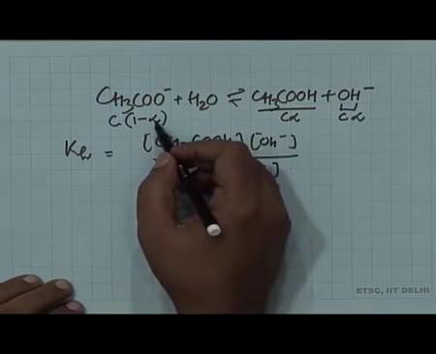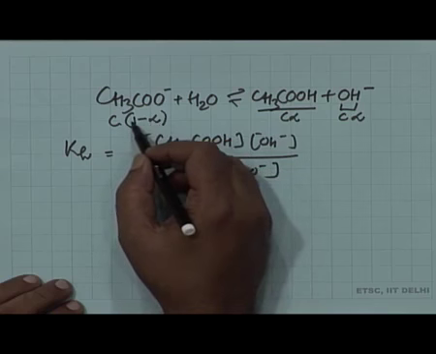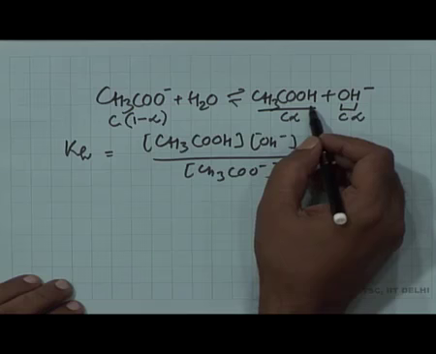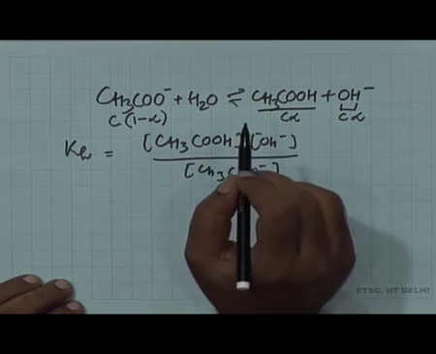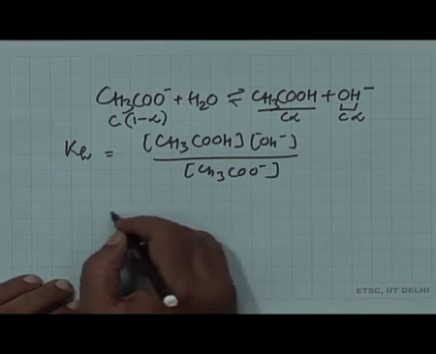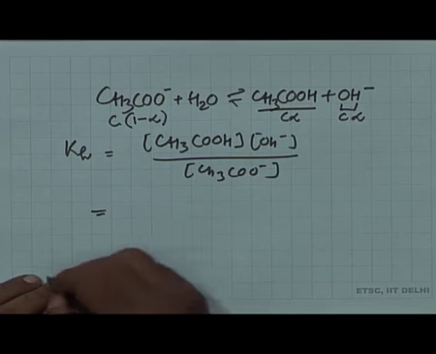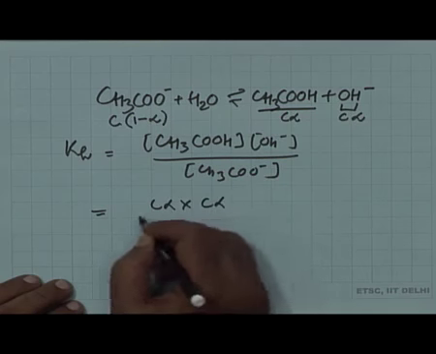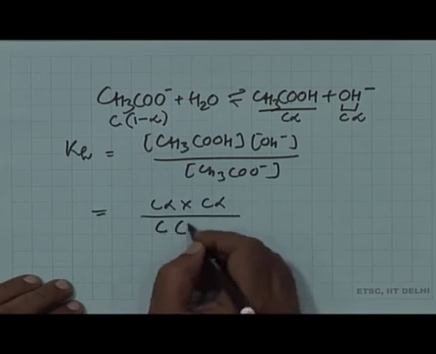What that means is, out of 1 mole of CH3COO minus ion, alpha mole has converted to CH3COOH. So, we can write this as C alpha into C alpha by C into 1 minus alpha.